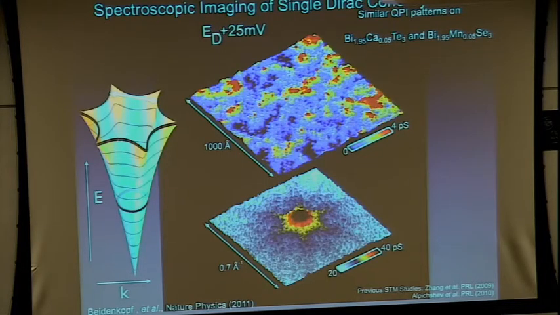Now if you do it with TI, the singularity washes out, but you still get the disk. Does that make sense? Because all the scattering wave vectors which are slightly a little bit off from 2kF are all allowed. The one exactly at 2kF should not be there. It's very hard to see that in this experiment against the background. If you do a comparison, it's a very small difference.